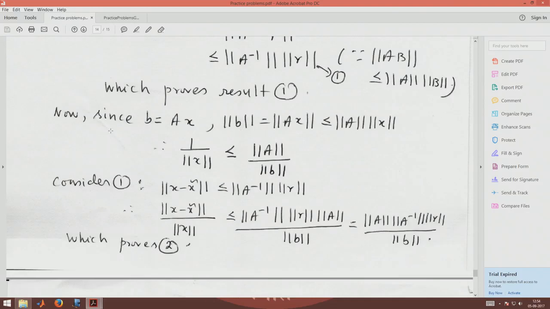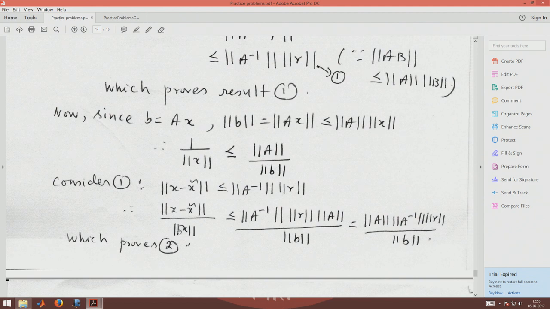Now, we know that B is Ax. So, norm B is norm Ax, that is less than or equal to norm A into norm x, and therefore, 1 by norm x is less than or equal to norm A divided by norm B. Now, consider norm x minus x tilde less than or equal to norm A inverse into norm R, and therefore, divide by norm x throughout. So, you get norm x minus x tilde by norm x is less than or equal to norm A inverse into norm R by norm x, and what about norm x?